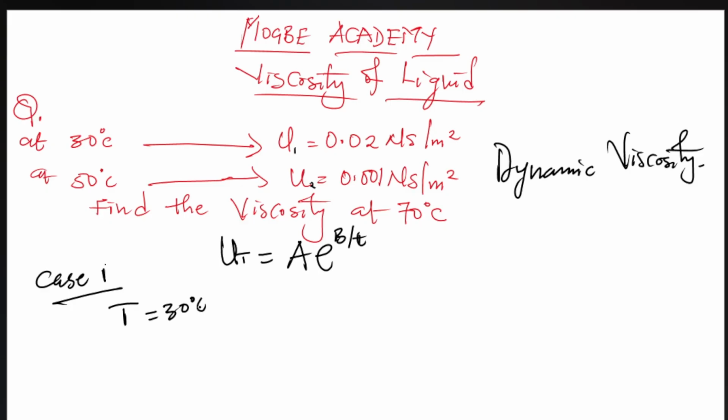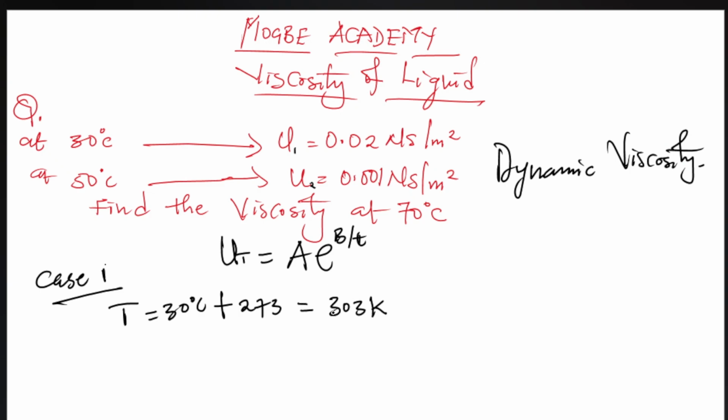If you are given Celsius or Fahrenheit, convert it to Kelvin. To convert 30 degrees Celsius to Kelvin, you add 273, and that gives you 303 Kelvin. This is the temperature we consider for case 1.